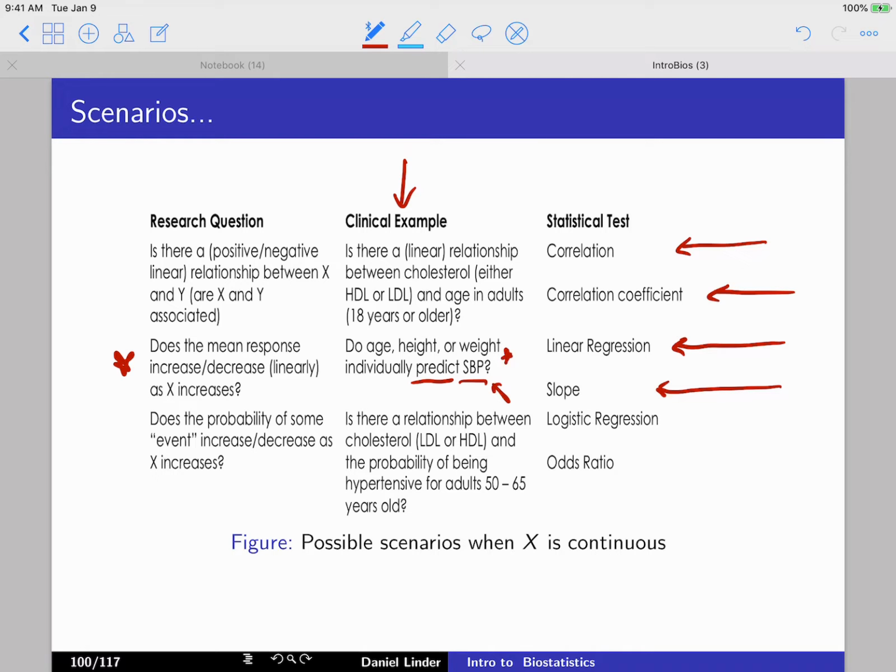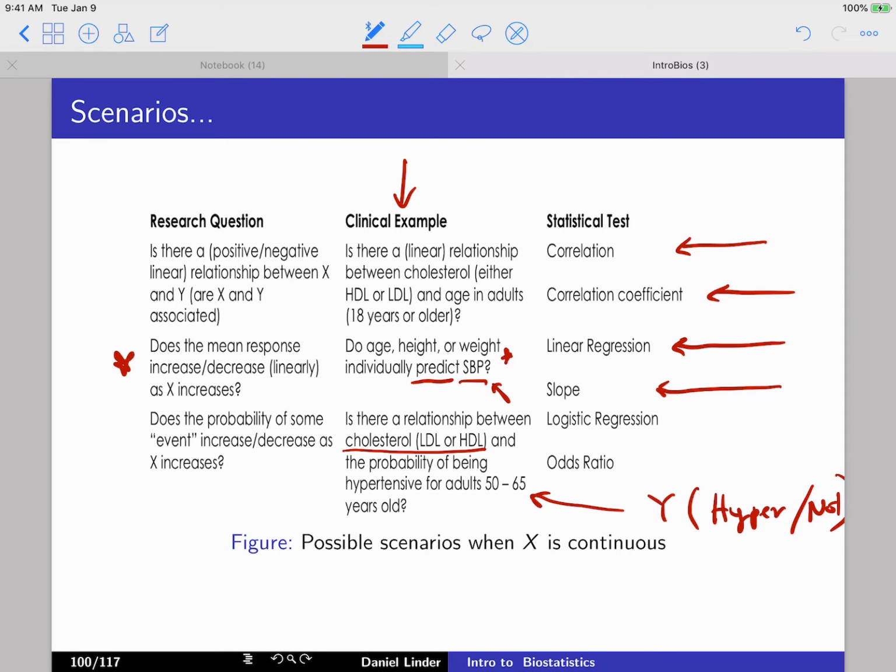Finally, we could have a clinical question like this: is there a relationship between cholesterol and the probability of being hypertensive? If our y value was hypertensive versus not, then we may be interested in predicting the probability of an individual being hypertensive given their continuous cholesterol levels.